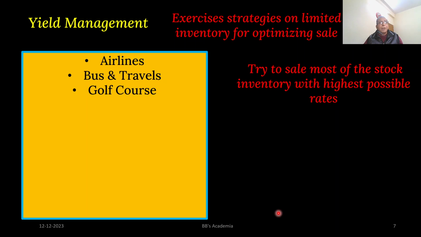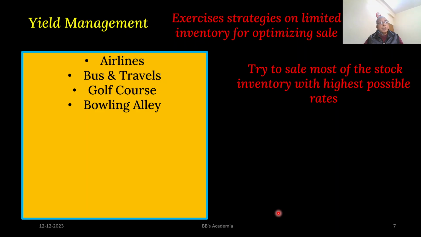Once Saturday afternoon or Sunday is already booked by others, then definitely demand is there, high demand, but you are unable to sell further because your capacity is not there. So we can also apply yield management in golf courses.